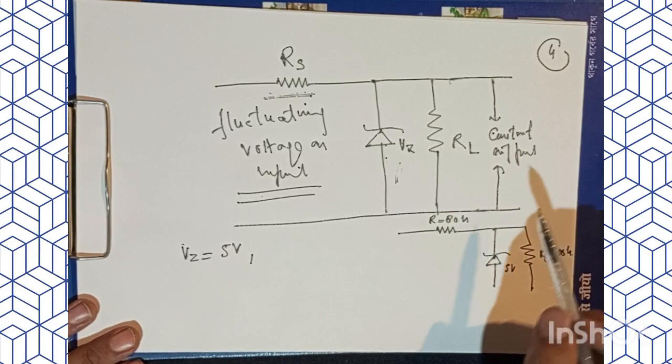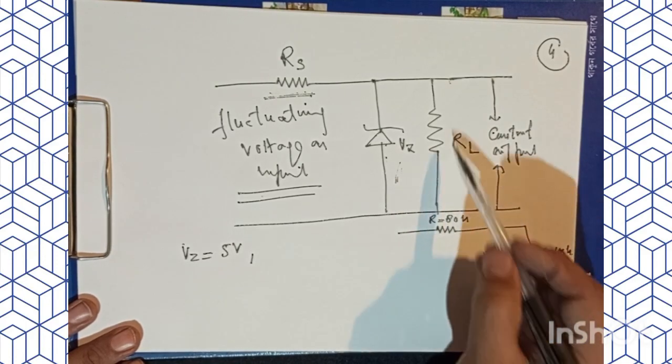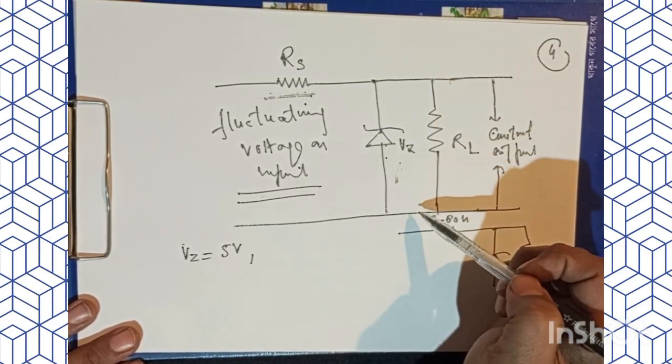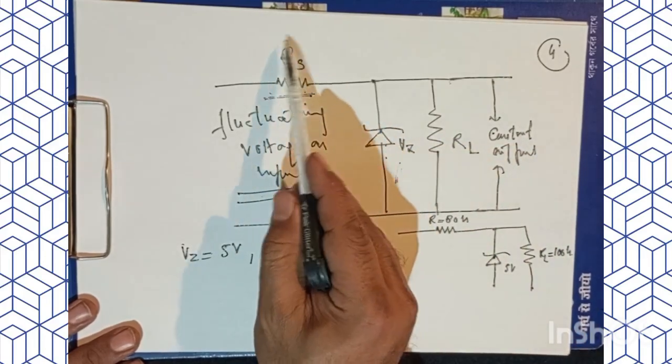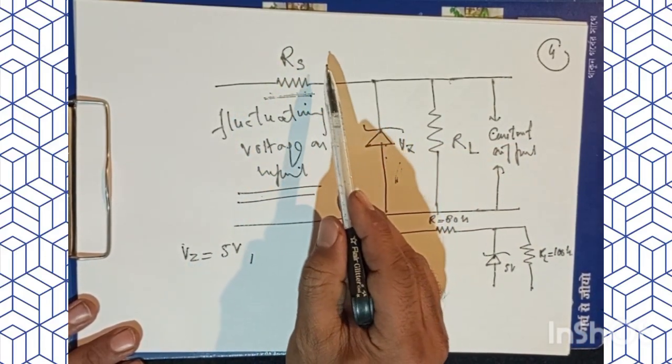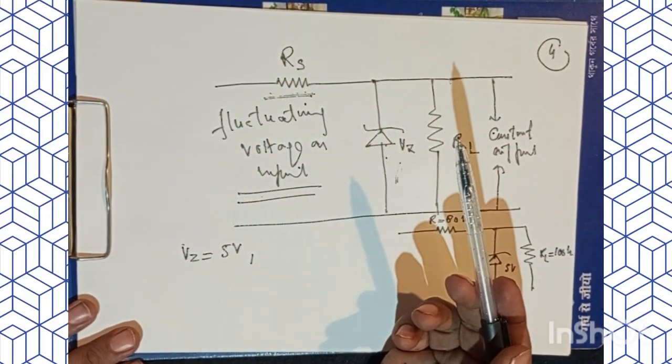The voltage drop across this R, sorry, Rs, is equal to the input voltage minus VZ.